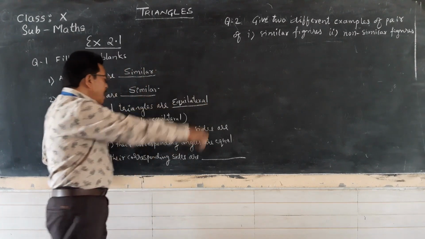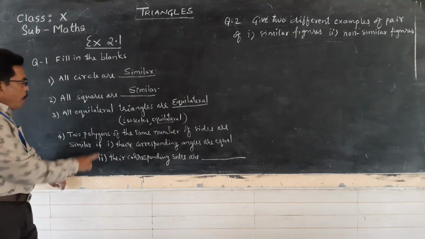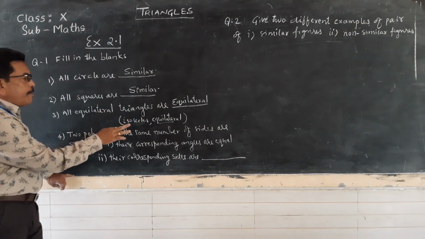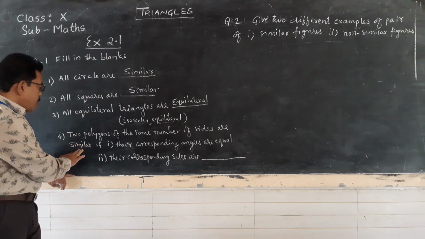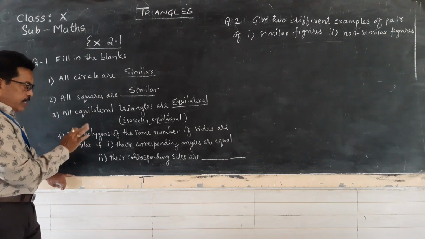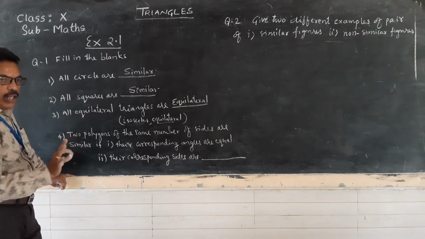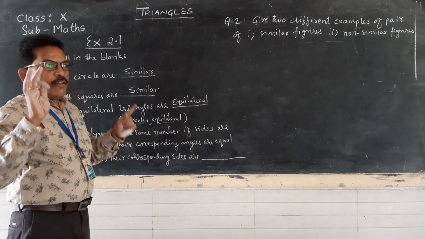Okay, equilateral. Then two polygons of the same number of sides are similar if their corresponding angles are equal. You know the figures.